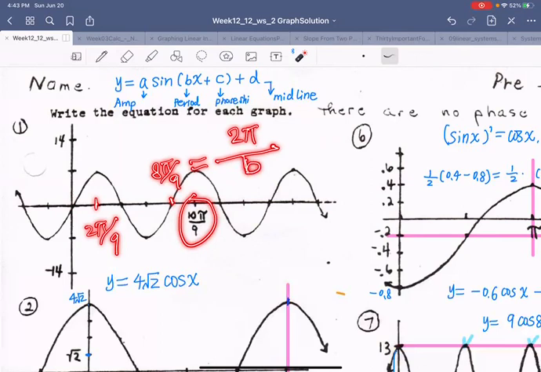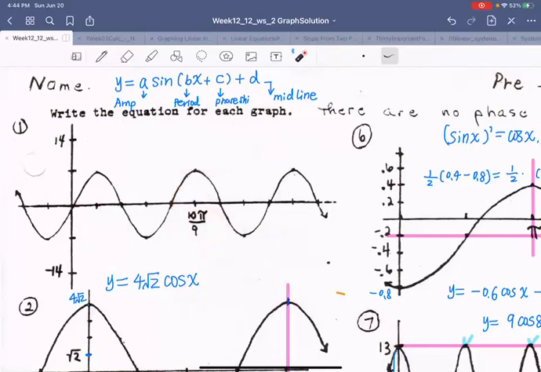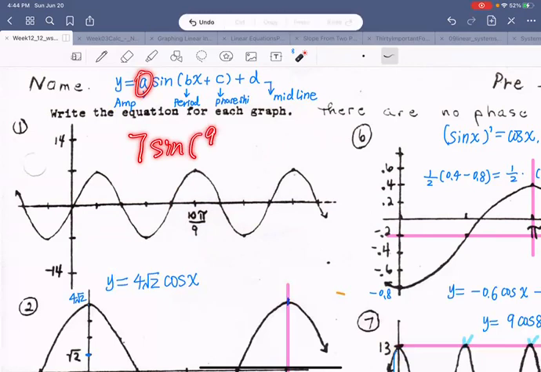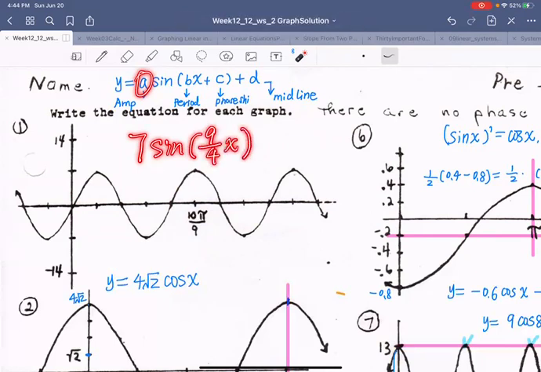So B is how much? 9 over 4. So the result is, go ahead, say it. 7 sine 9 over 4 x plus 0, that's it, okay?